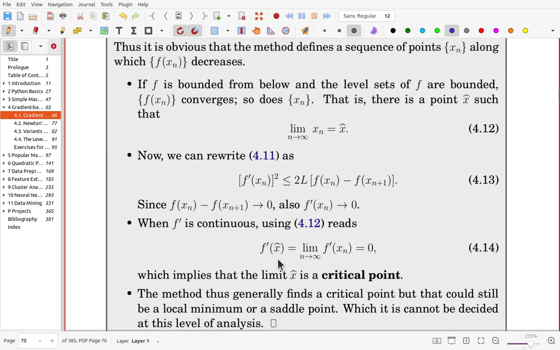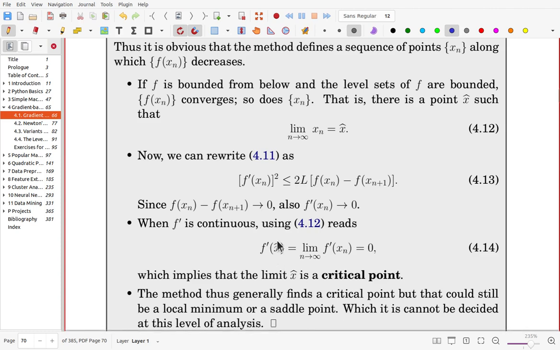So we can now say that f prime at the limit x hat is the same as this, and then the limit will go out, and eventually that will be 0, because we already know that f prime of xn approaches 0.